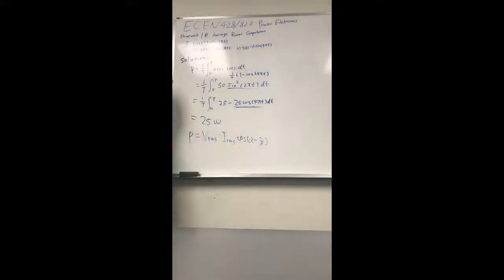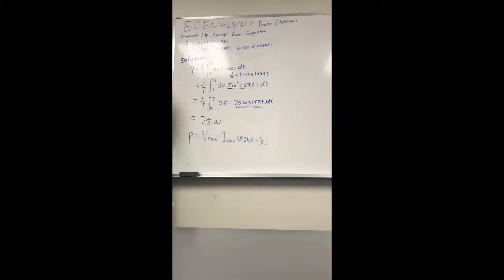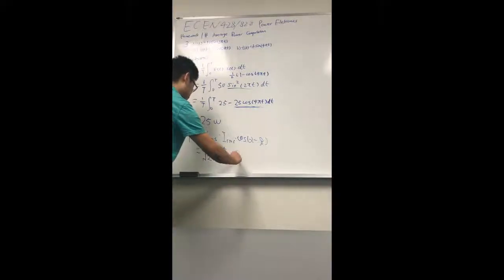Alpha and beta are the angles of the voltage and current. Here, in this question, alpha and beta both equal 0. And we can use the RMS values, that is 10 over square root of 2 times 5 over square root of 2. So that is 25 watts.